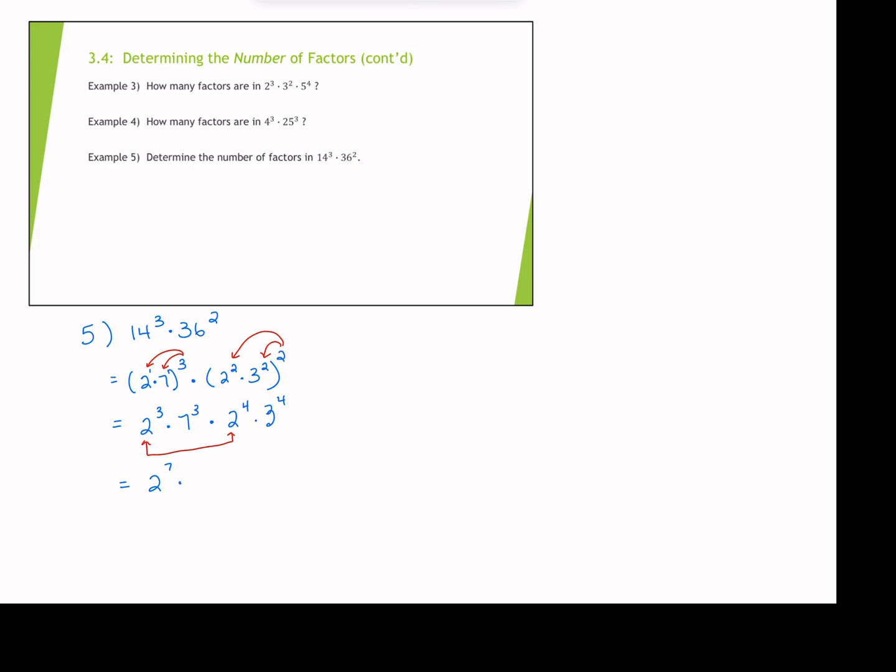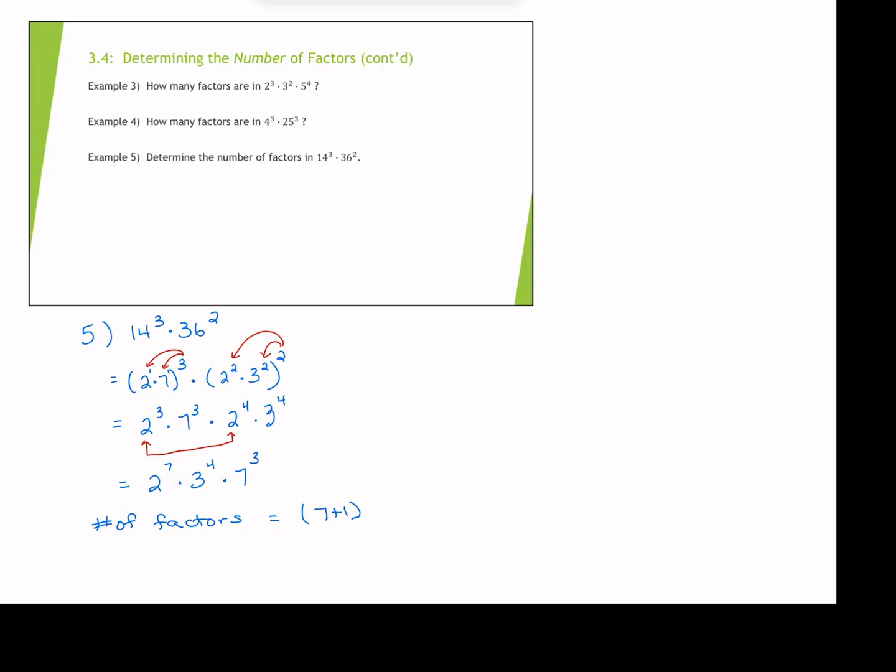We can multiply that by 3 to the power of 4 if you want to go in increasing order of bases. And we're multiplying that by 7 to the power of 3. At this stage, because we have all of our primes combined and we know exactly how many options we have for each prime base, we can go ahead and say that the number of factors we would have in this situation is going to be 7 plus 1.